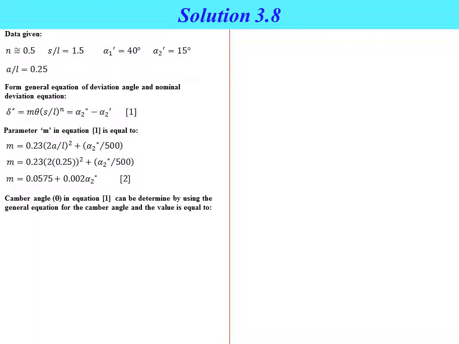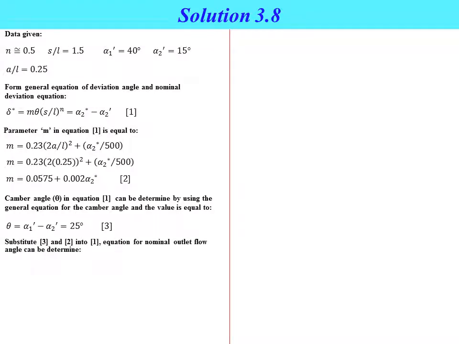The camber angle theta in equation number 1 can be determined by using the general equation for the camber angle, theta equal to alpha 1 prime minus alpha 2 prime, equal to 25. Equation number 3.